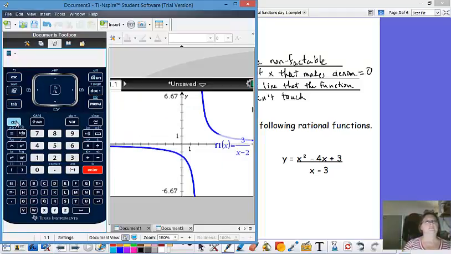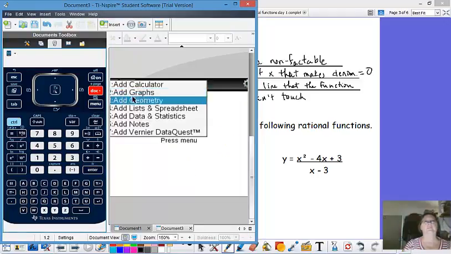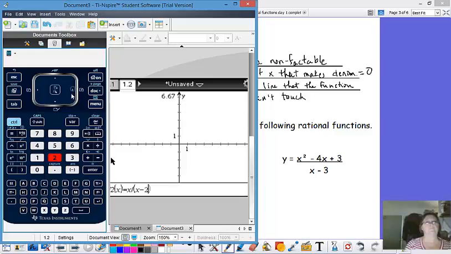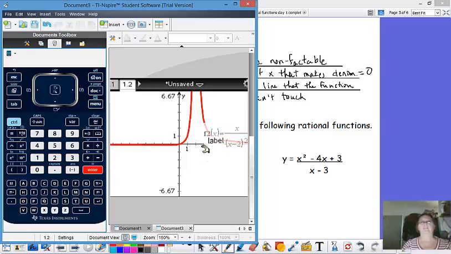I'm going to a new graph page, and it was x divided by the quantity x minus 2 squared. And yep, right here at x equals 2, we have that line of avoidance.